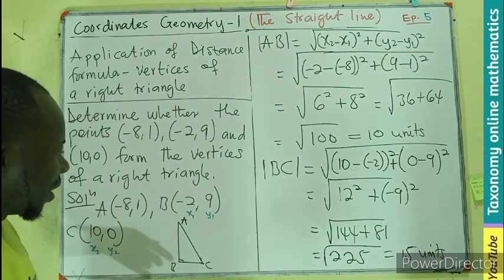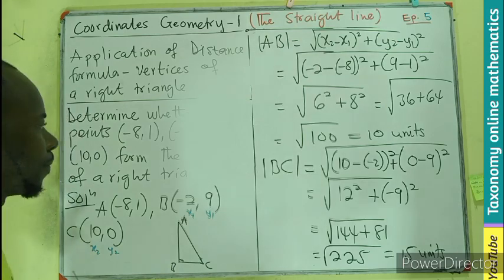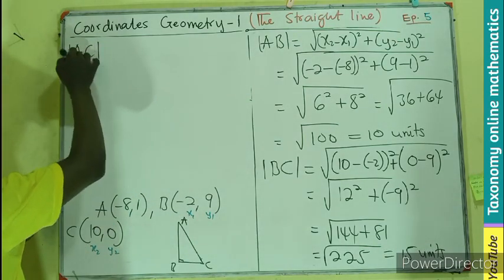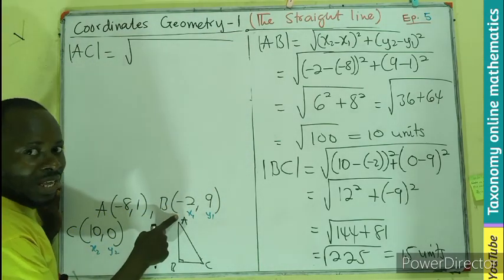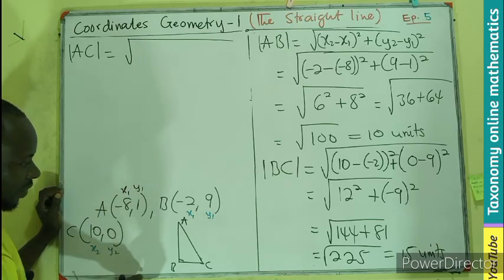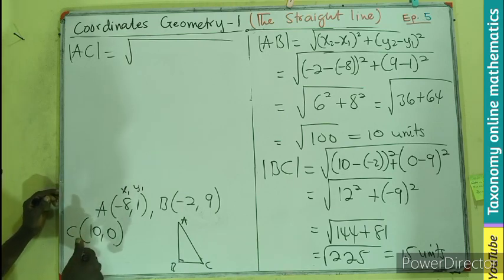So now the last one is to find AC. Let's find the AC and compare. Following the same formula, A is the beginning, so this is going to be your x1, y1. The C is here, so I'll be having x2, y2.